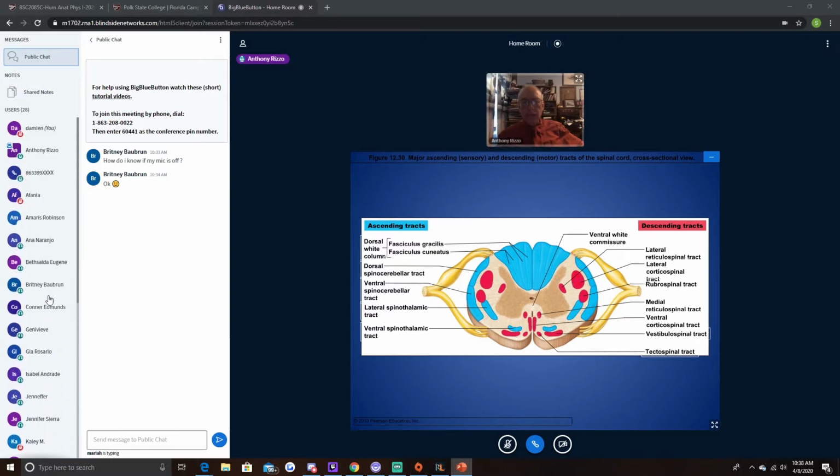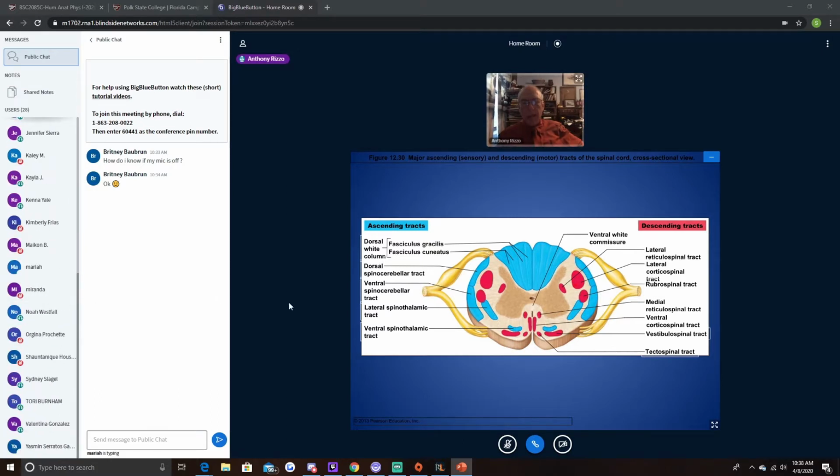And descending tracts, which are the motor tracts coming from the brain down to the cord, those they colored red. So you can see that the posterior cord it's all ascending tracts. So sensory information comes here. Sensory information comes in, goes into the dorsal part of the cord, and then tracts go up the dorsal portion of the cord to the brain.